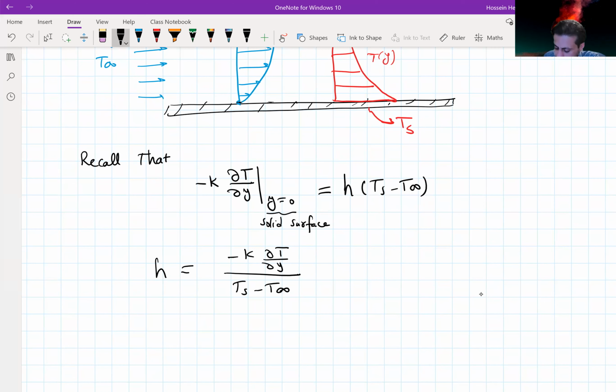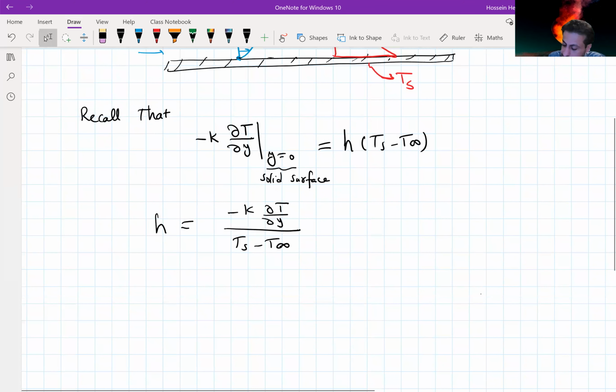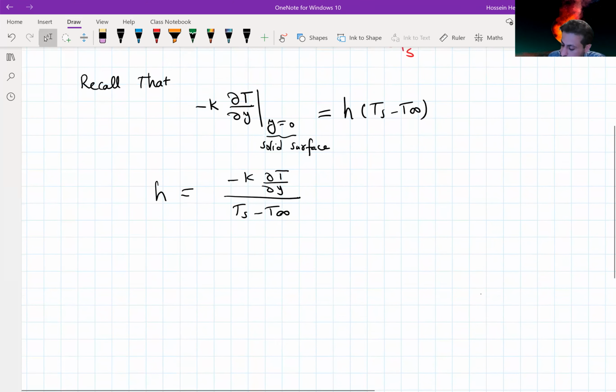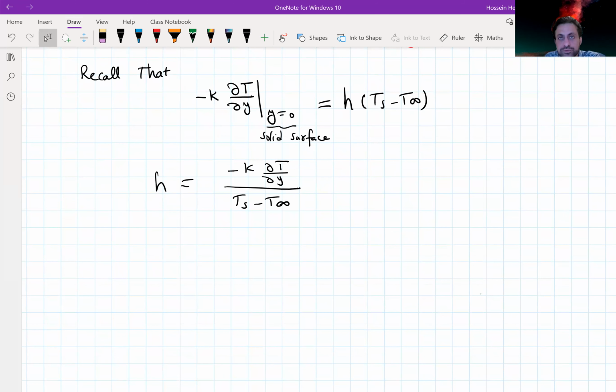Now, in order to get h, the convective heat transfer coefficient, we need to have the temperature distribution T as a function of y. Similarly, we need to know the velocity profile u of y, and by having them, we can develop an estimation for h. The result of solving the momentum and continuity equations gives the thickness of the boundary layer, delta.